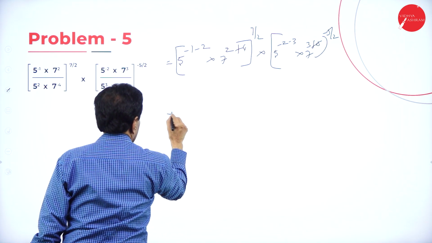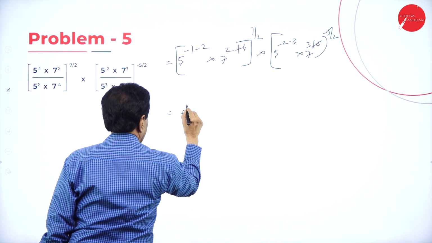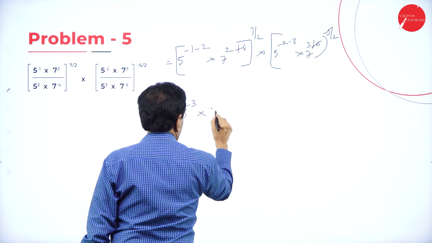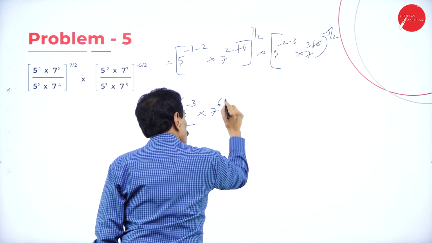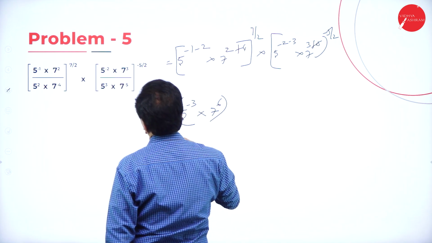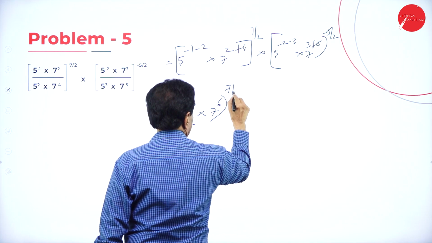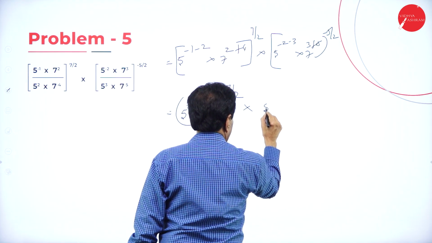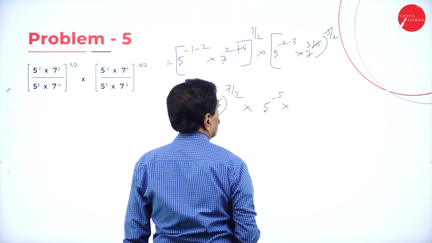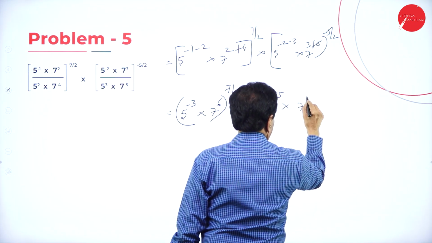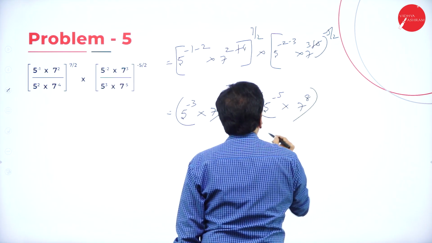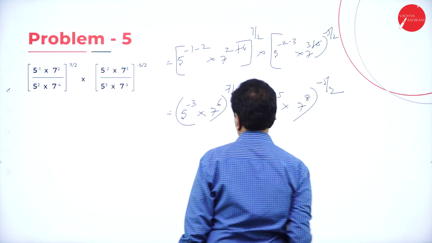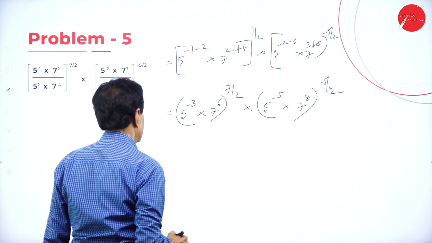Simplify. This is 5 to the power of minus 3 into 7 to the power of 6 whole to the power of 7 by 2 into 5 to the power of 5, 7 to the power of 8 whole to the power of minus 5 by 2. Simplify.